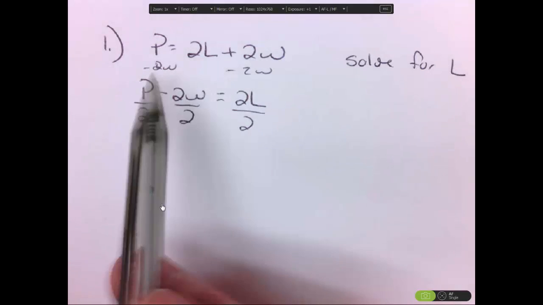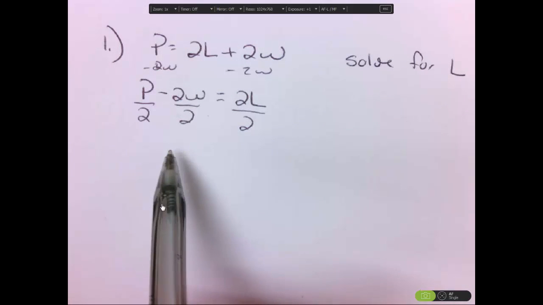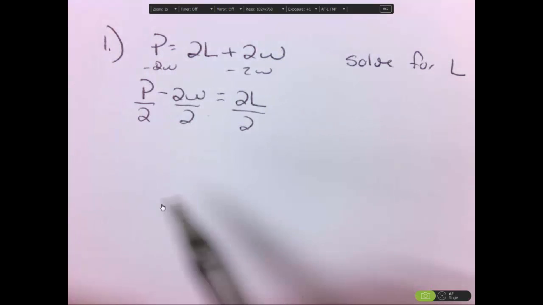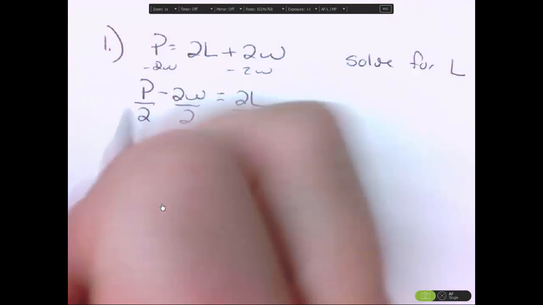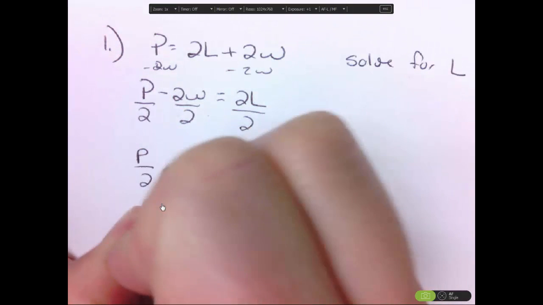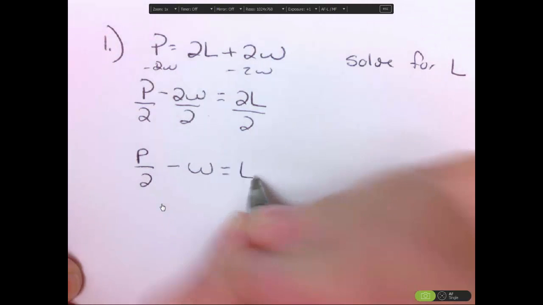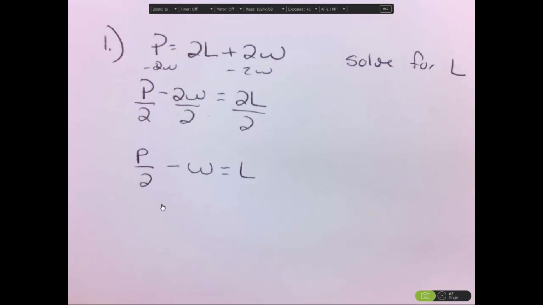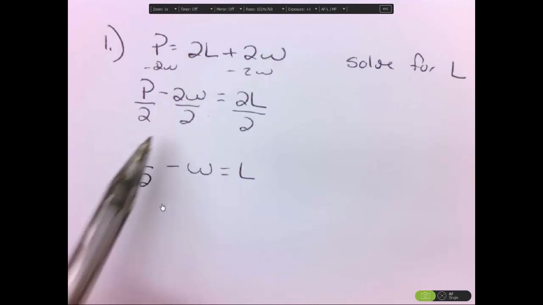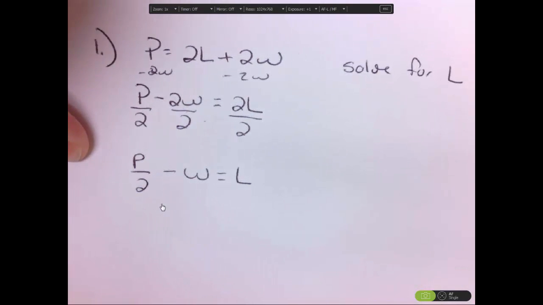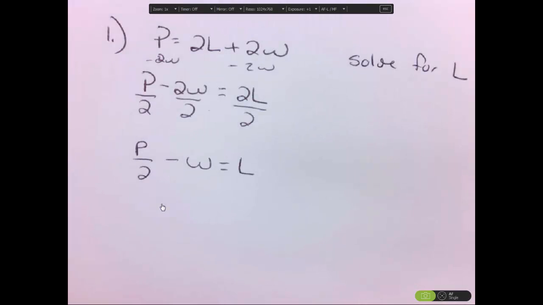If it wasn't possible, you could have done one big line with the 2 underneath, but then that confuses people because they don't remember to reduce and they don't get the problem right. So reduce, and you're going to get P over 2 minus the 1W or just W equals the 1L, and you're done. Some of them might take the other answer of just the 2 underneath in your problem. It kind of depends on what level and what they expect.